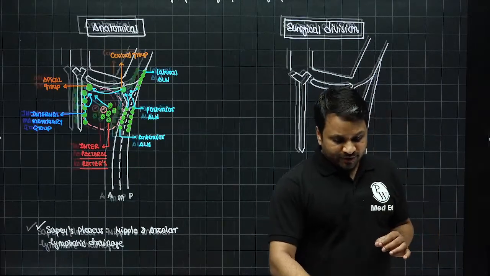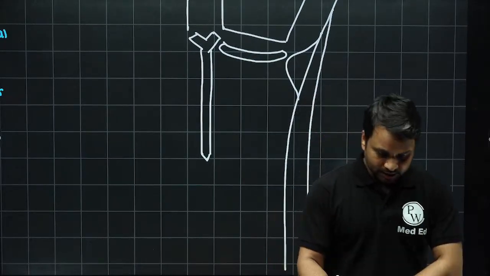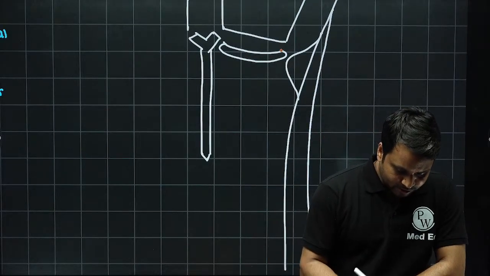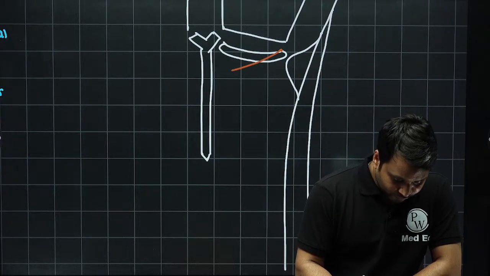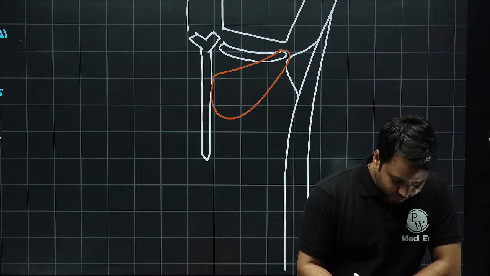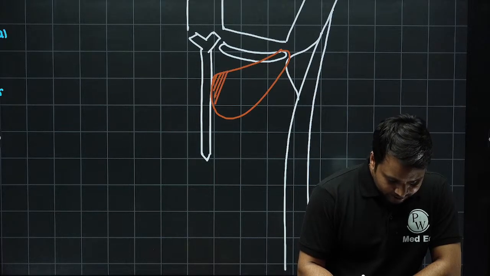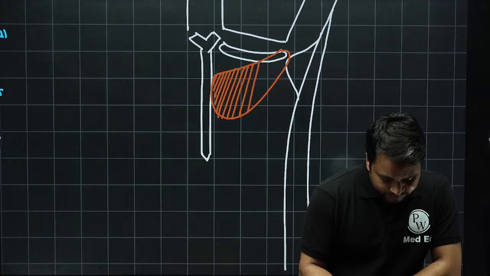Now, the surgical division of the breast lymphatics is done on the basis of a muscle, and that muscle is the pectoralis minor, which originates from the coracoid process and inserts onto the third, fourth, and fifth rib. Based upon this muscle, I am going to divide the breast lymphatics into three different levels.